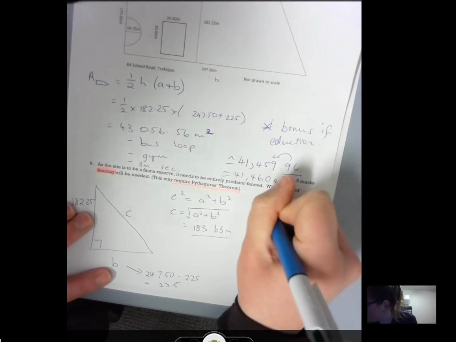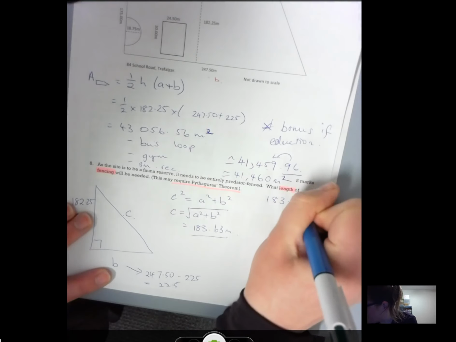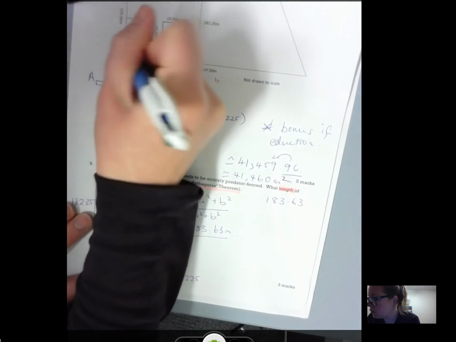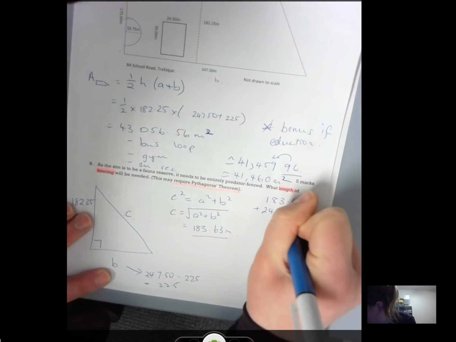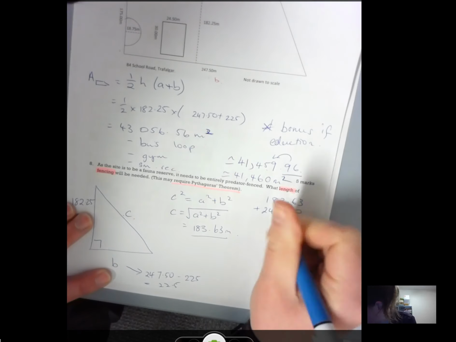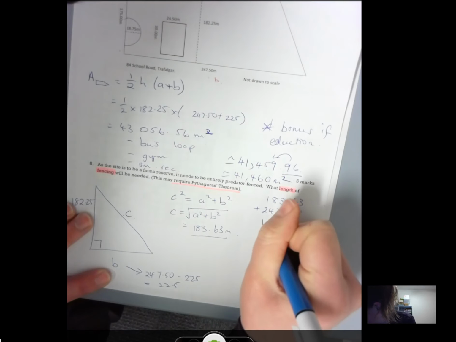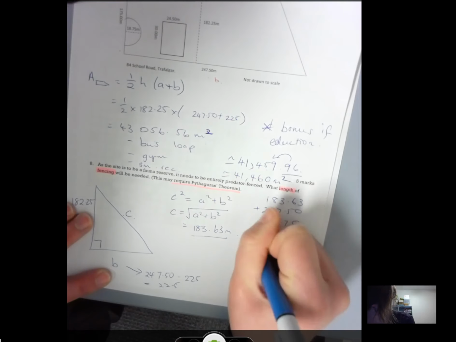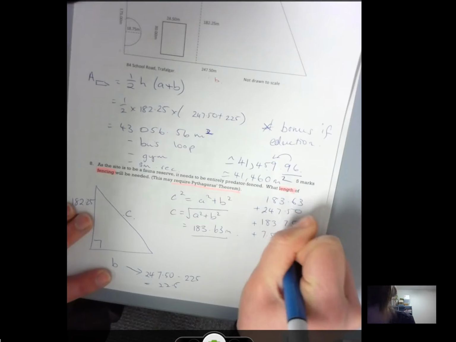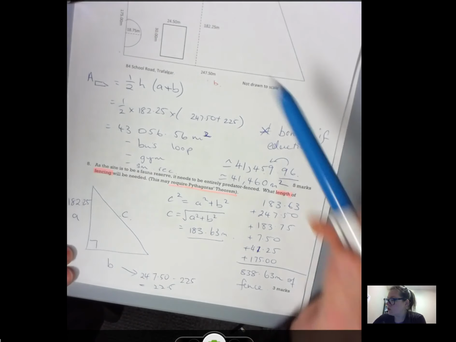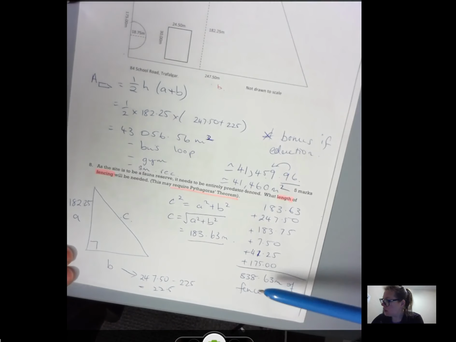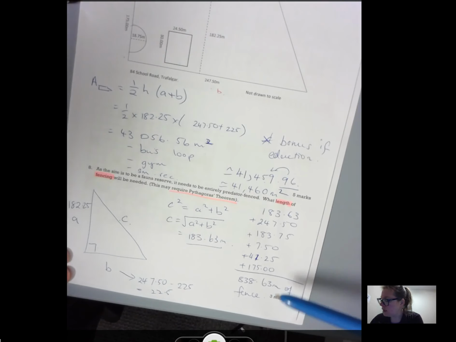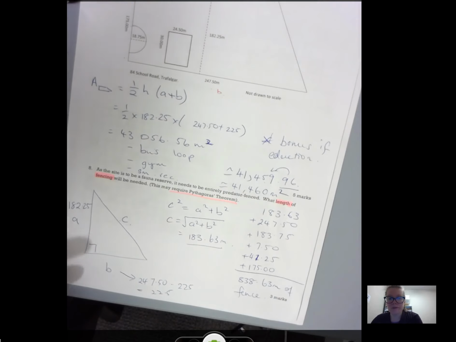Again, bonus marks were given if you took into account that the bus loop would be here as opposed to across, but it wasn't expected. So the total perimeter around, not including the bus loop as a loop, would be 838.63 meters of fencing needed.